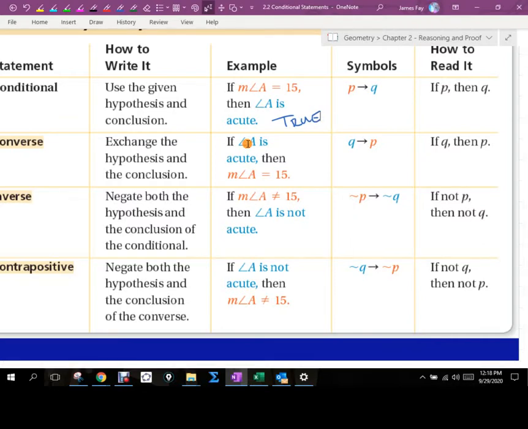So what is that saying? Remember what the if part means. If you had this picture in front of you, you had this angle in your hands, and you knew that angle A was acute, does it allow you then to say that you know that angle A is 15 degrees?